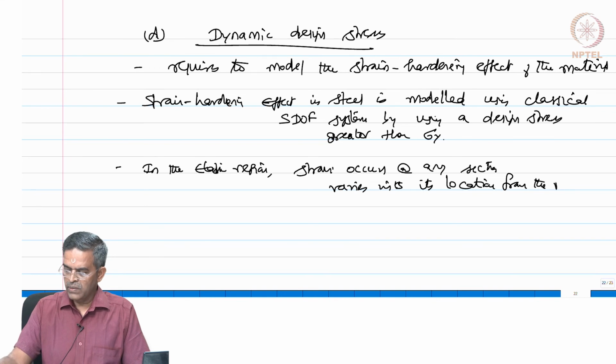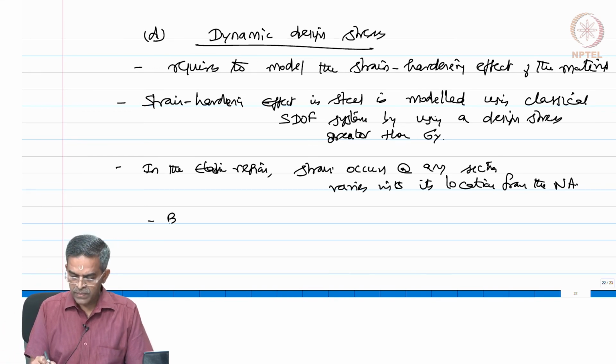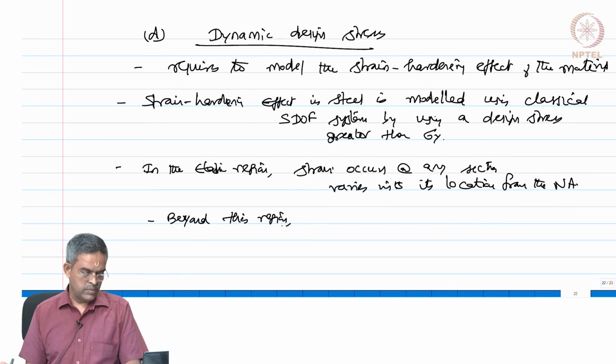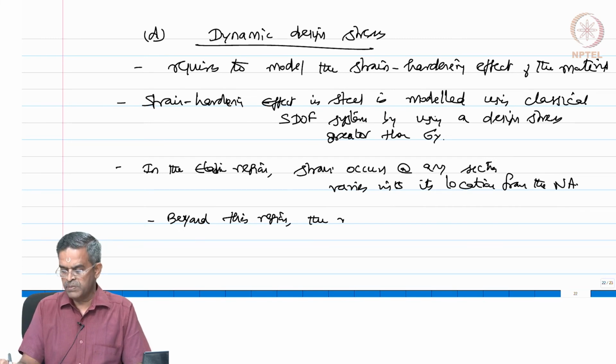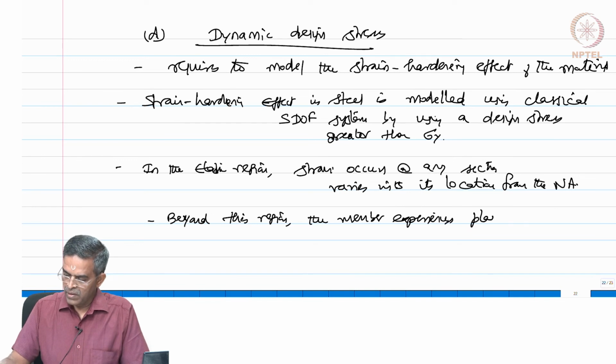We all know that, okay. Beyond this region, the member experiences plastic response, because when the strain or the stress reaches yield value, then the member will experience plastic response.